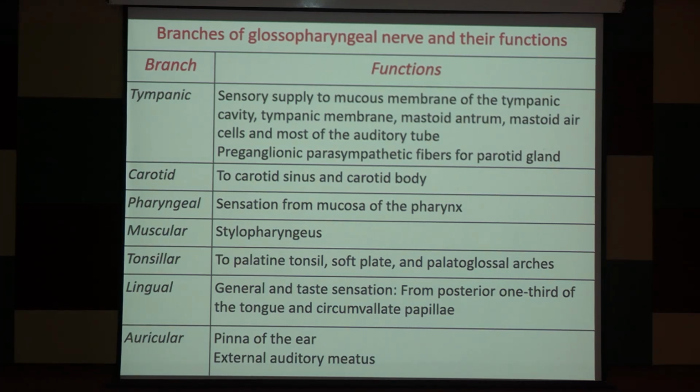Muscular branch supplies the stylopharyngeus muscle, tonsillar branch to palatine tonsil, soft palate and palatoglossal arches. Lingual branch carries general and taste sensation from the posterior one-third of the tongue and circumvallate papillae. And the auricular branch supplies the pinna of the ear and external auditory meatus.